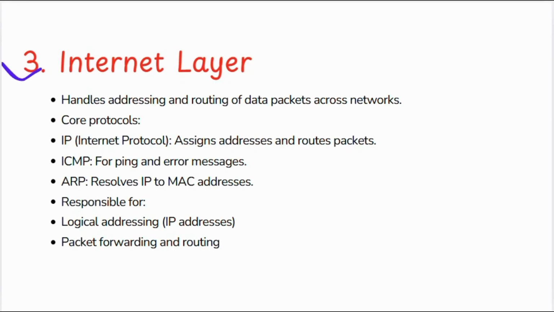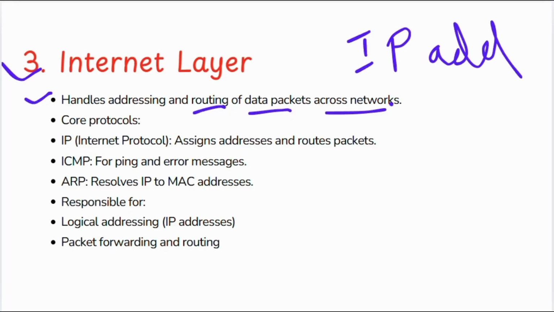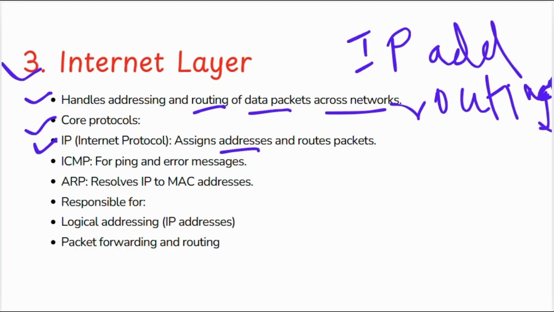Next we have the internet layer. It handles the addressing and routing of data packets across the network. So this layer is responsible for logical addressing, meaning IP addresses, and routing. Its core protocol is IP, Internet Protocol, which assigns the addresses and routes the packets across the network, ICMP for ping and error messages, and ARP to resolve the IP to a MAC address.